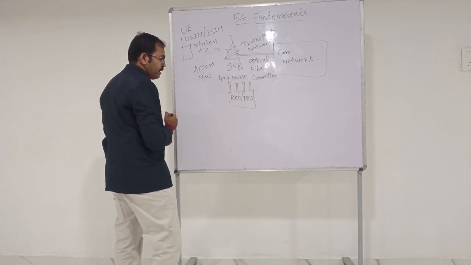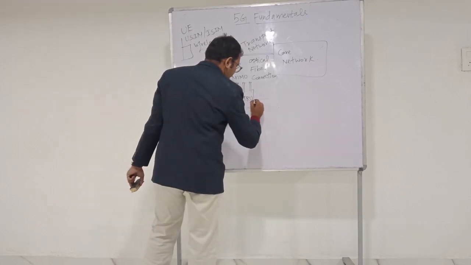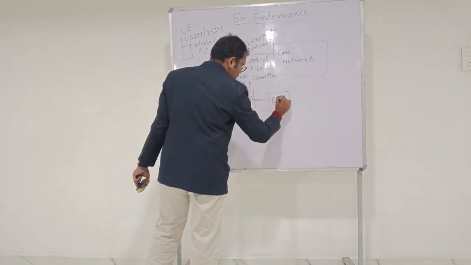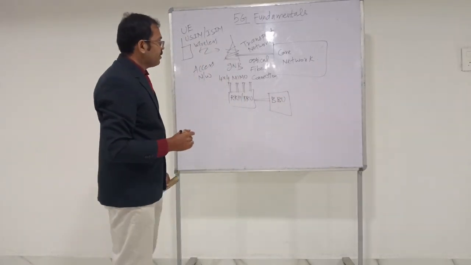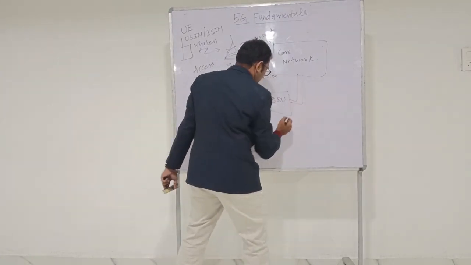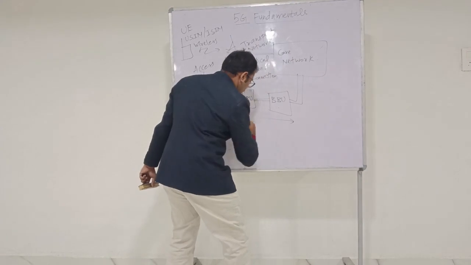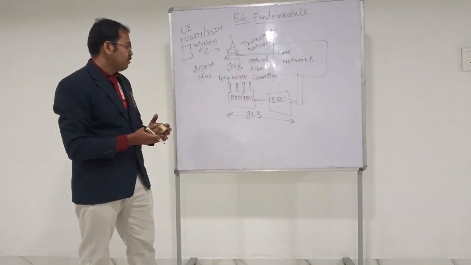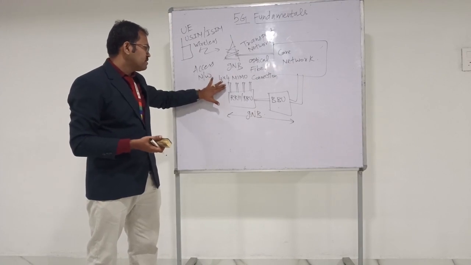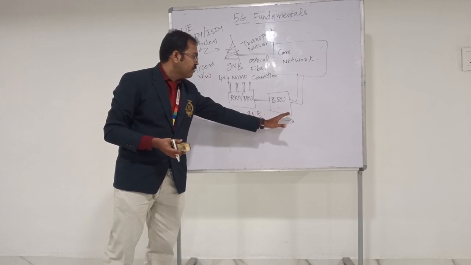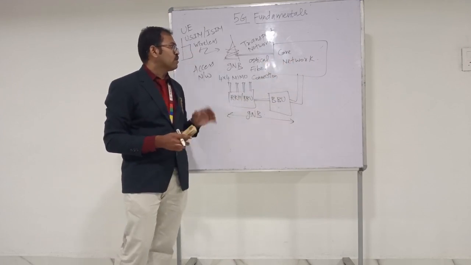This remote radio head in turn will be connected to a baseband unit, BBU, and this baseband unit in turn is connected to the core. This is the actual architecture of a gNodeB: a couple of antennas connected to the RRU or RRH, which in turn is connected to a baseband unit, and the baseband unit is connected to the core.